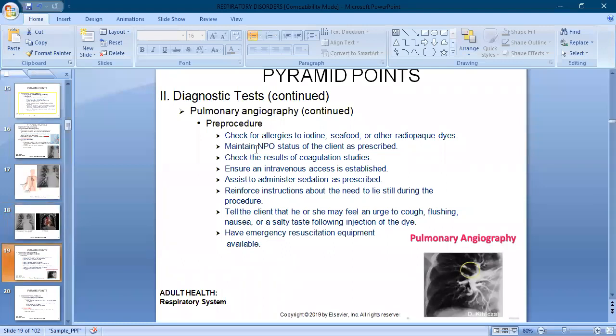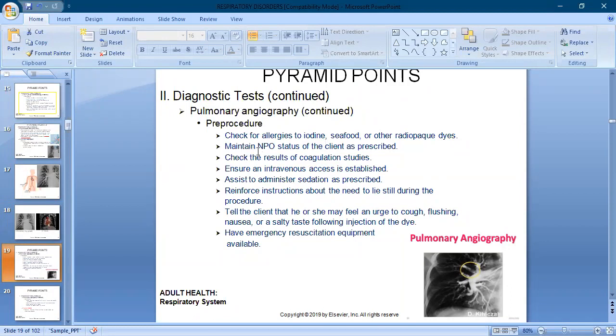What we have to educate the patient: check the allergy to iodine or seafood or other radiopaque dye. If the patient has a history of this, they are not a good candidate for pulmonary angiography. So as an RN, it is your responsibility to find out whether there is any kind of allergic reaction or not.